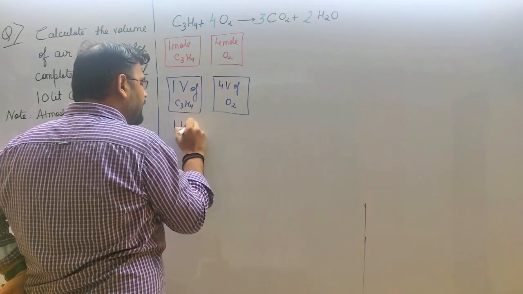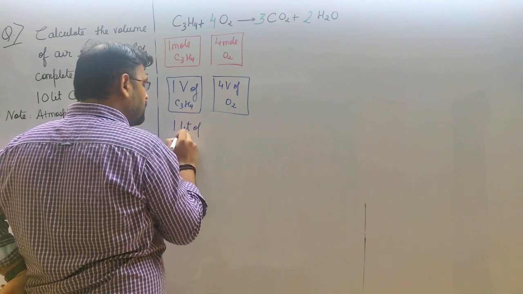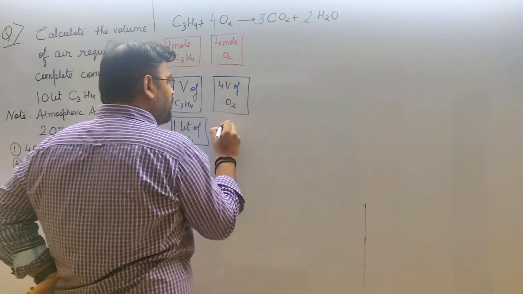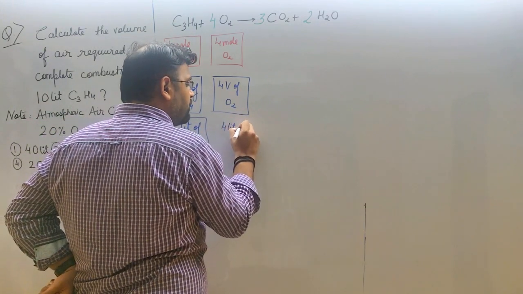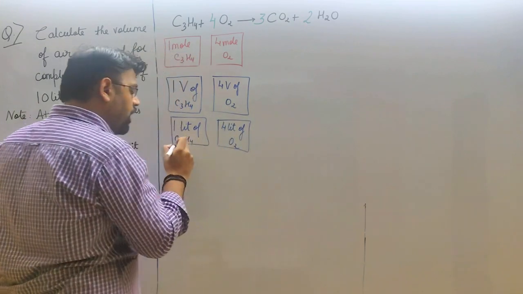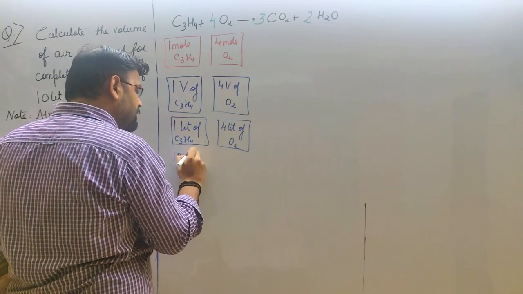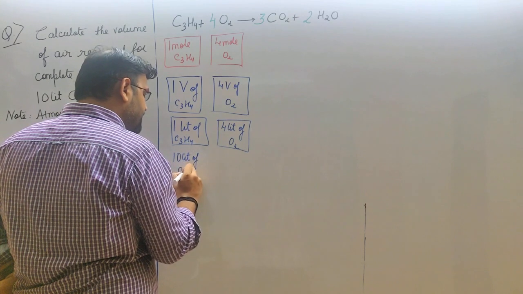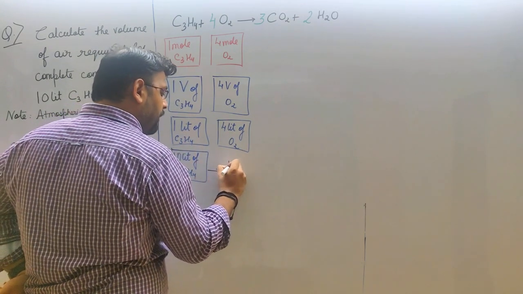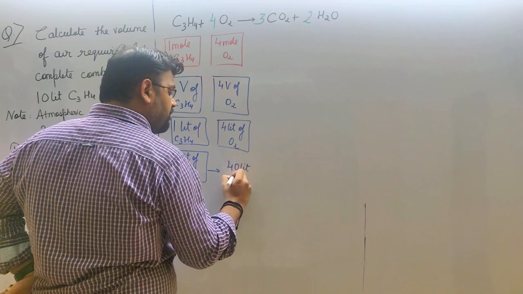Or 1 liter of C3H4 requires 4 liter of oxygen, or 10 liters of C3H4 will require 40 liters of oxygen.